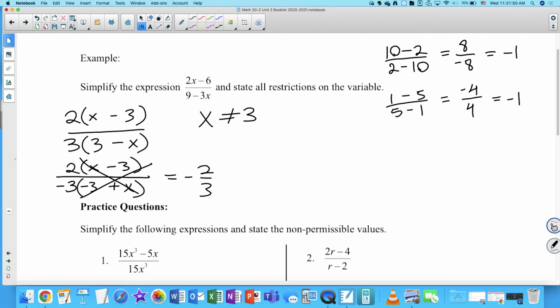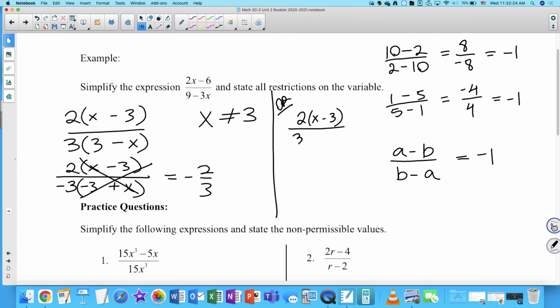Okay, so this always happens. So if you have a minus b over b minus a, it doesn't cancel to make 1, but it does cancel to make -1. So this equals -1. So an alternate thing that you could do instead of factoring out the -3, and honestly, I don't care what approach you take, is if you have 2 times x minus 3 over 3 times 3 minus x, okay?